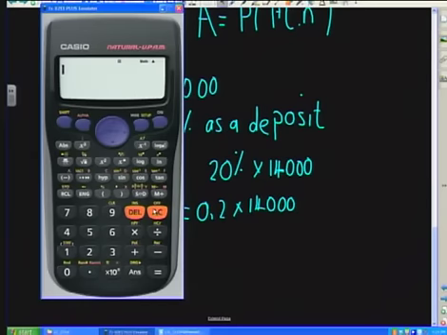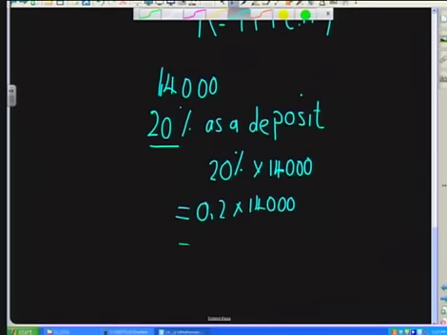So it's going to be 0.2 times 14,000, and we get 2,800 Rand. So therefore, she pays a deposit.